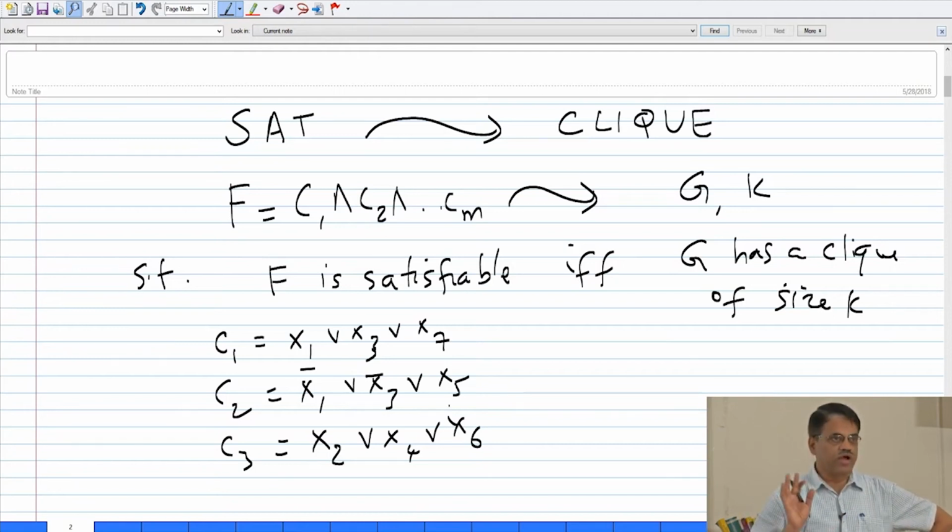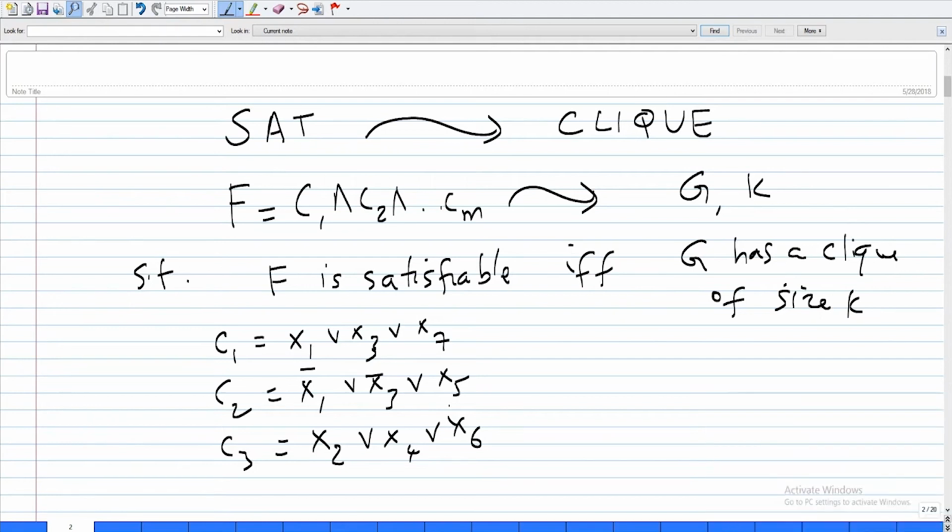You are given this formula with some M clauses. I am going to construct the following graph. Remember, that is our goal, right? From the formula, our goal is to construct a graph with this property. So, let us make the following attempt at this graph. I am going to say there is V1, V3, V7, V1 bar, V3 bar, V5, V2, V4, V6.